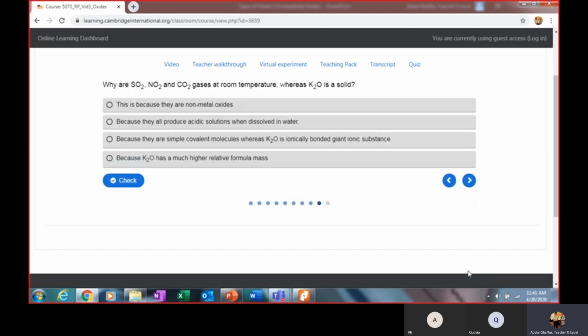Why are SO2, NO2 and CO2 gases at room temperature, whereas K2O is a solid?